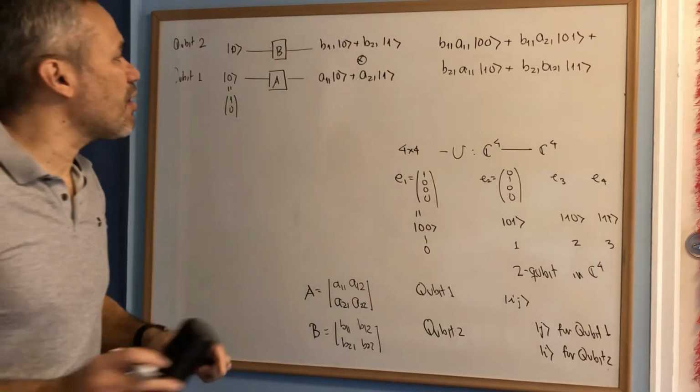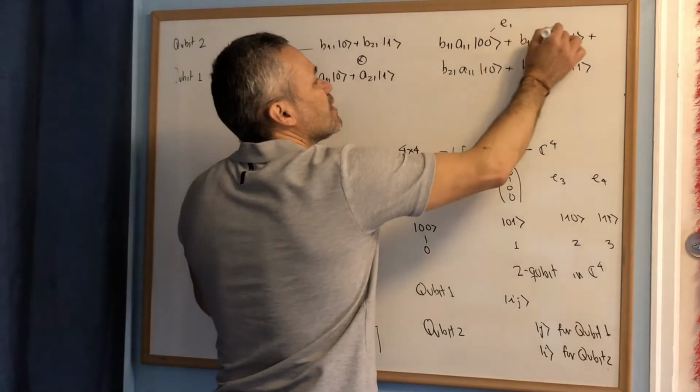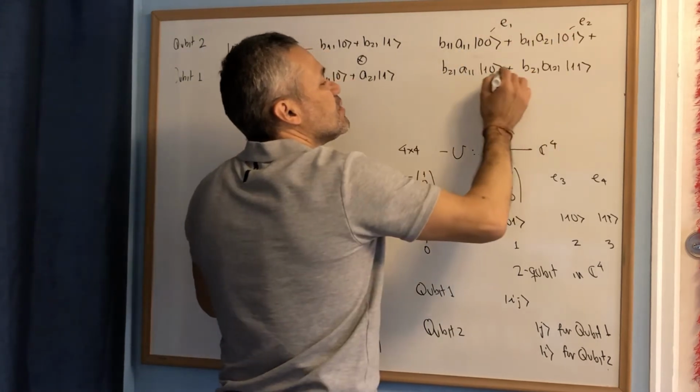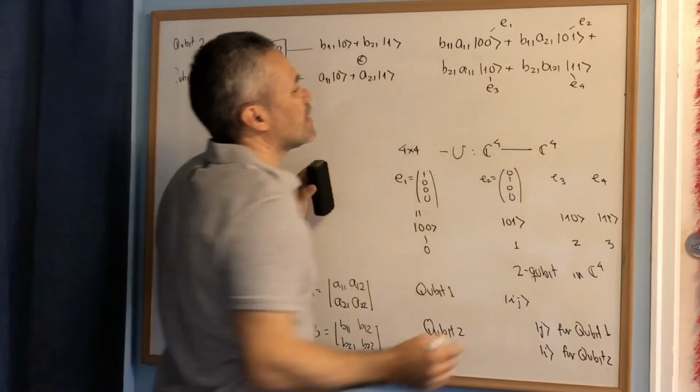And what column is this? That is, this one goes with vector E1, this one goes with vector E2, this one goes with vector E3, and this one goes with vector E4.